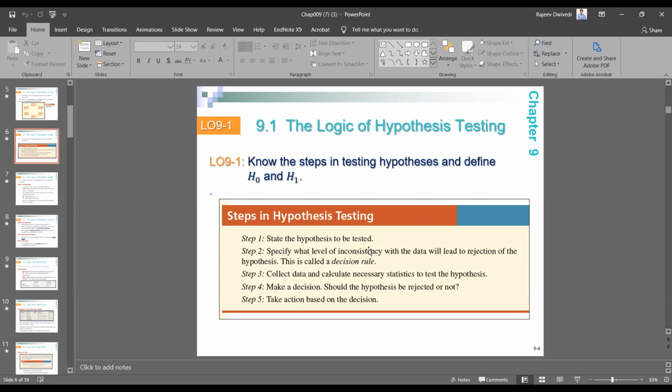Then specify the level of inconsistency, basically 5%, 10%, or 95% confidence or 99% confidence. Then collect the data, which I said, you just go and collect 200 household data, then make decisions. And here, whether you are going to accept or reject the hypothesis and take the action based on that.